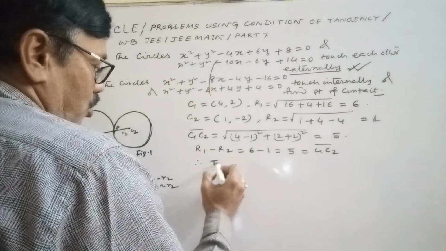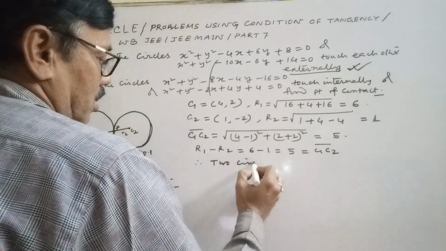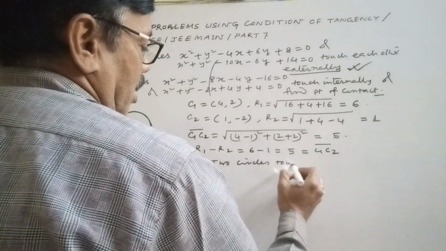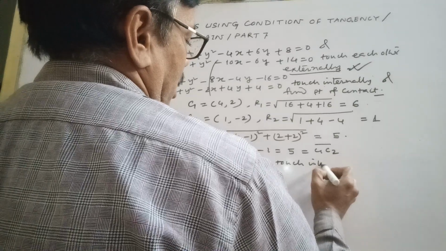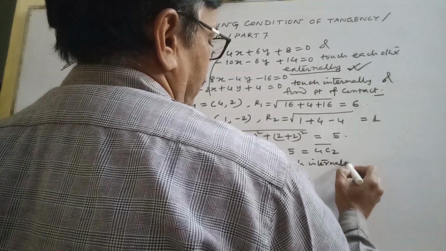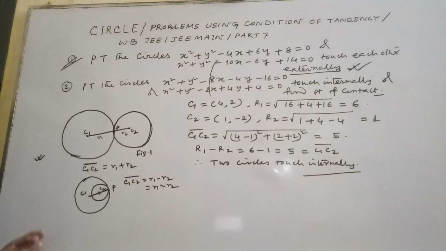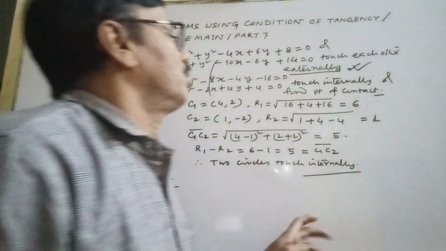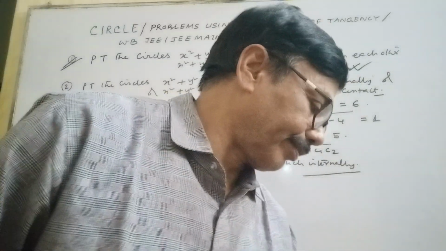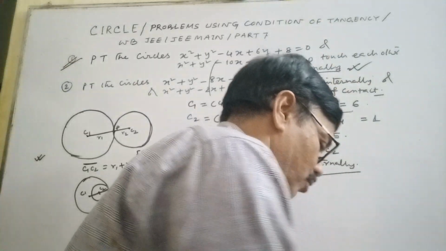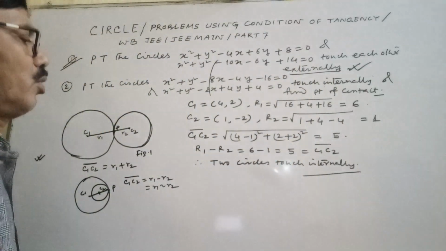Therefore, two circles touch internally. Now, there is another part also, find the point of contact. That is, you have to find the coordinate of P.